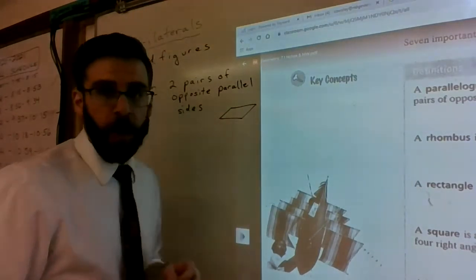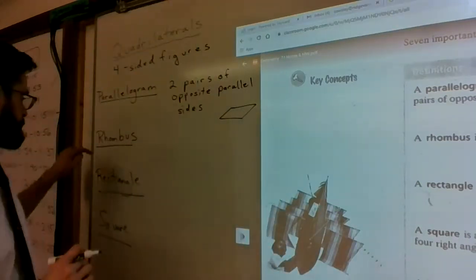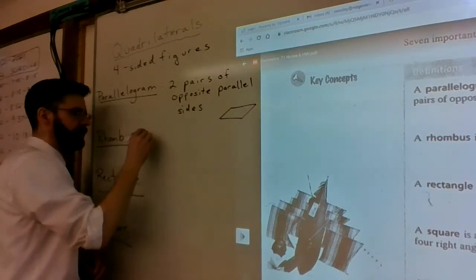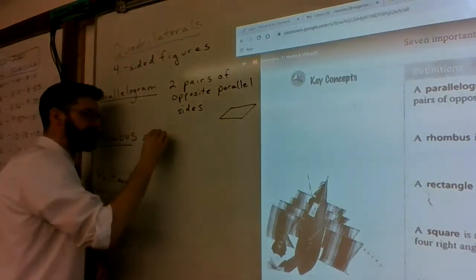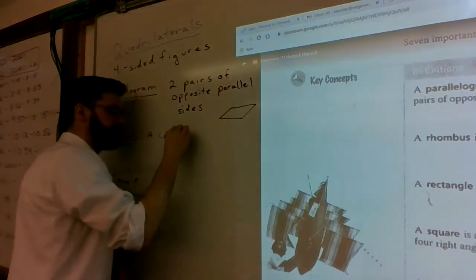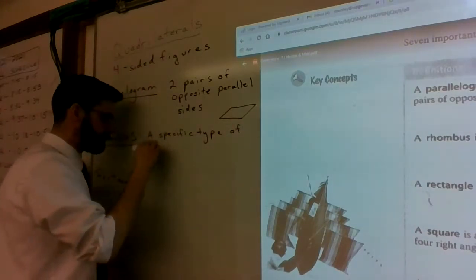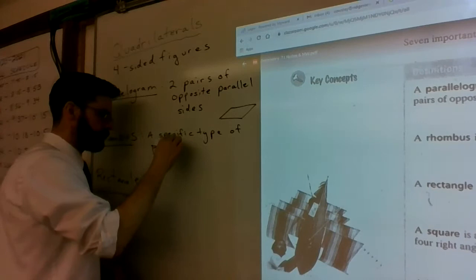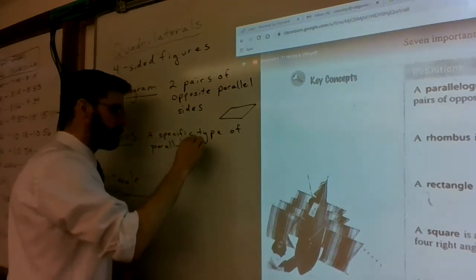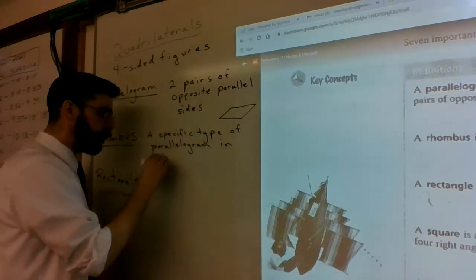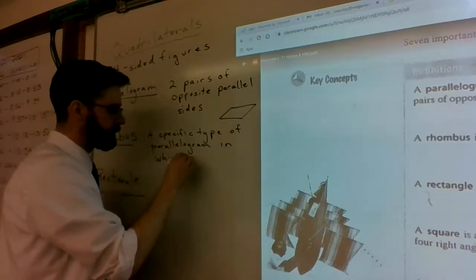Okay. Now, a rhombus is a specific type of parallelogram in which all four sides are congruent.